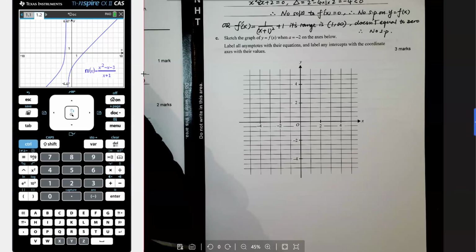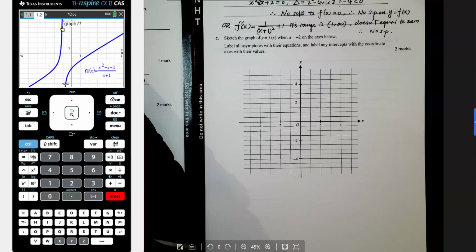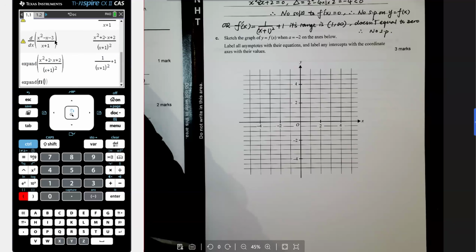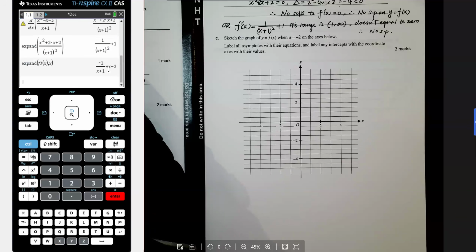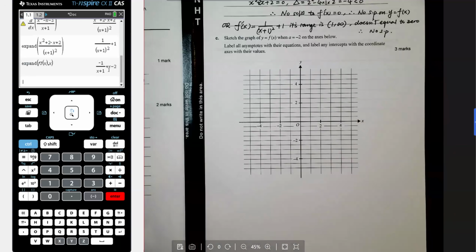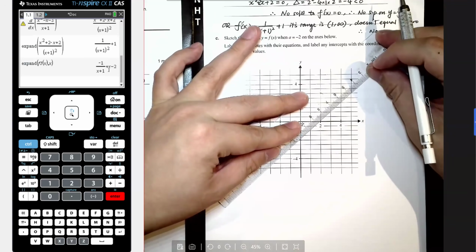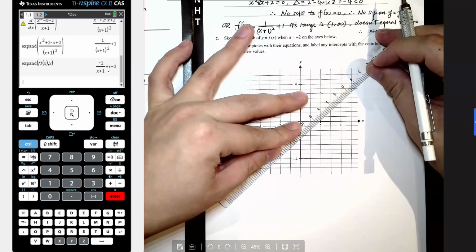Make sure you go from maybe minus 6, that's right, minus 6, 1, and 6. Also, if you look at the previous result, you had an oblique asymptote and x equals minus 1. And the oblique asymptote, you can see it's y equals x minus 2. So one thing I will sketch is this: y equals x minus 2, something along this line.